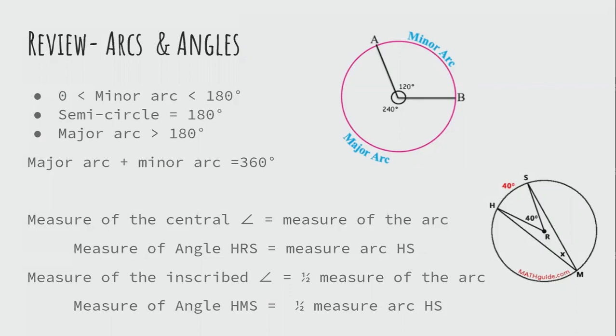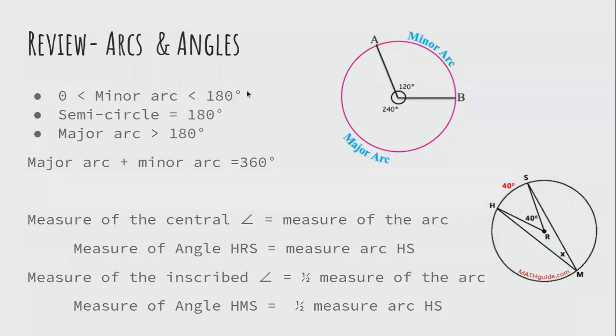A semicircle is 180 degrees, and we don't have a diagram of it, but remember, it would be like the diameter. What if the circle, which is 360 degrees, is split in half, 180 on the left or the right, the top or the bottom, but again, the circle would be split in half. And the major arc is greater than 180 degrees.